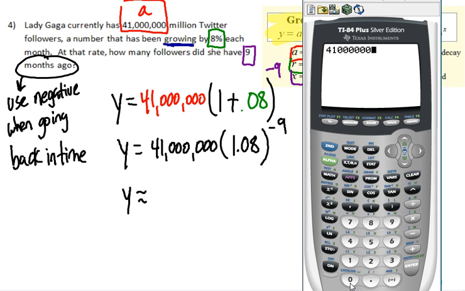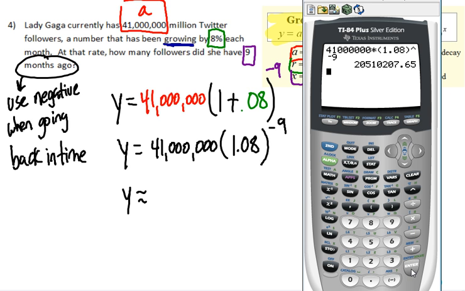Yep. Times 1.08, and then raise that to the negative 9. The negative, by the way, is underneath the 3. Don't use the sign that's the key underneath the times. That's minus. If you're going to do a negative, you have to use that one right there.